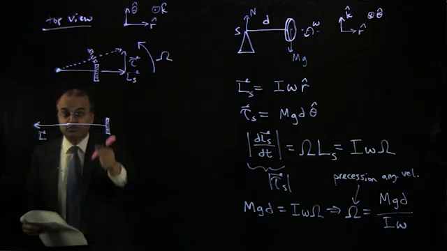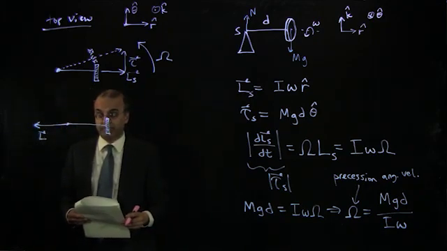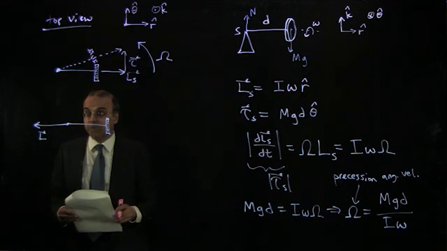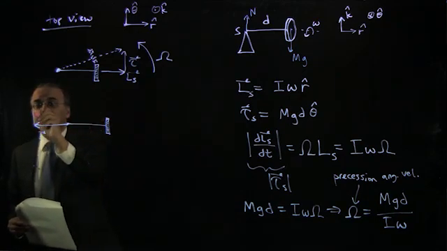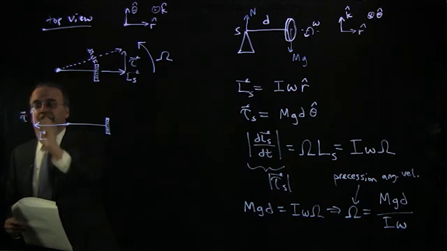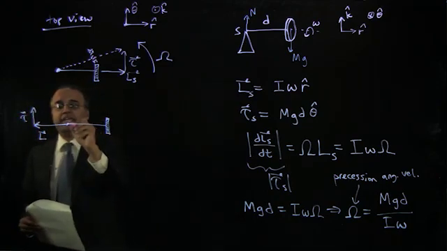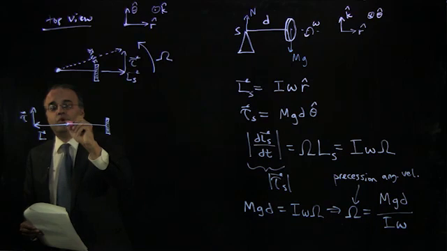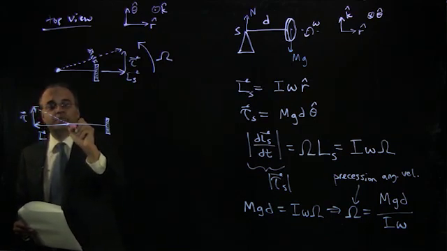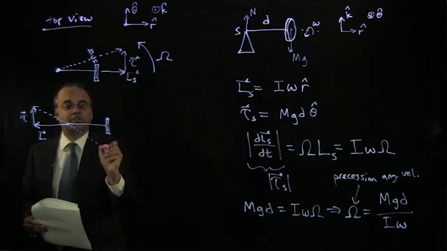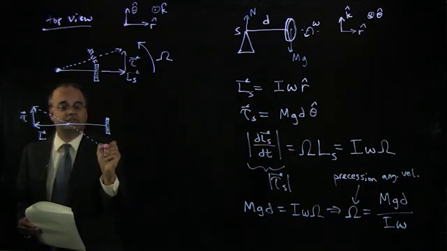It's pointing in the opposite direction that the axle is pointing, still along a line, but in the minus r hat direction. But the torque would still be in the theta hat direction. And so my new angular momentum vector would rotate this way, which would be equivalent to the axle rotating in this direction.